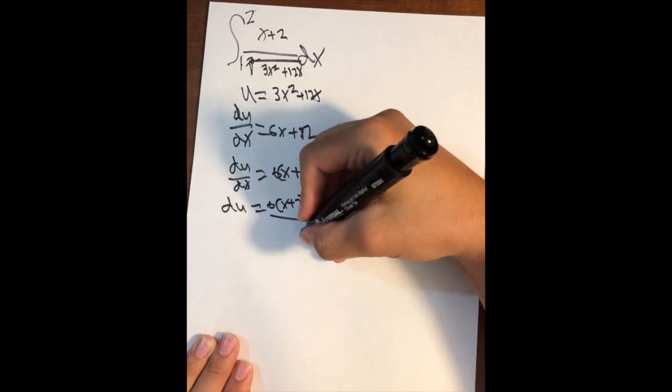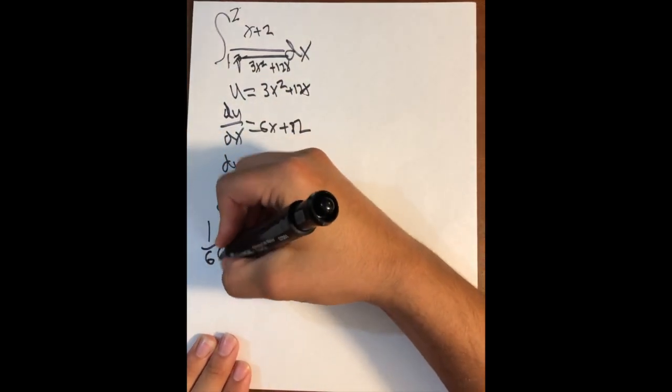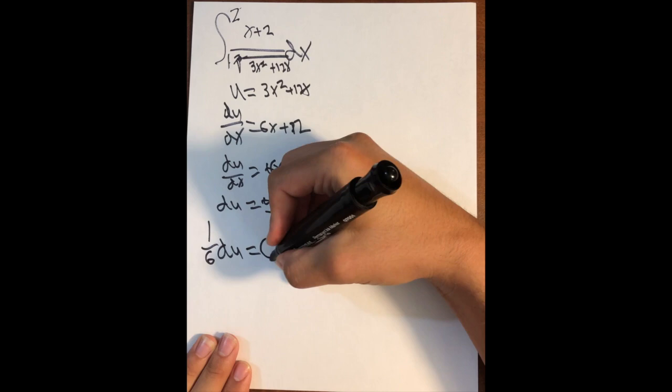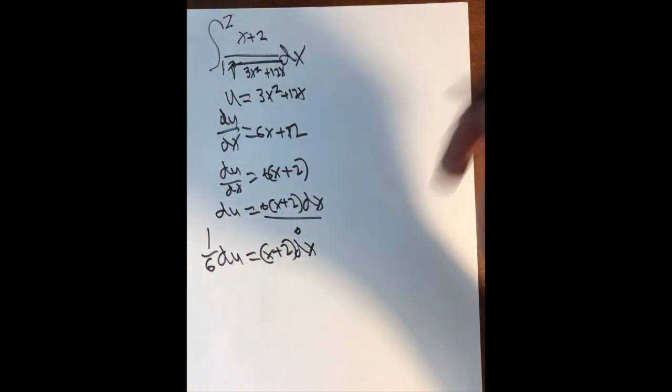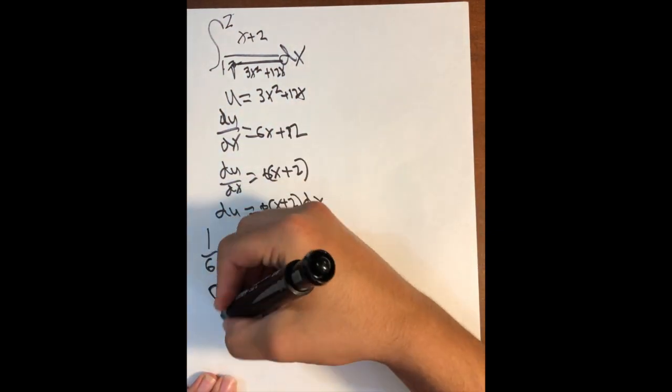We divide by 6, and then we get du over 6 is equal to x plus 2 dx. So then we put all of that back in.